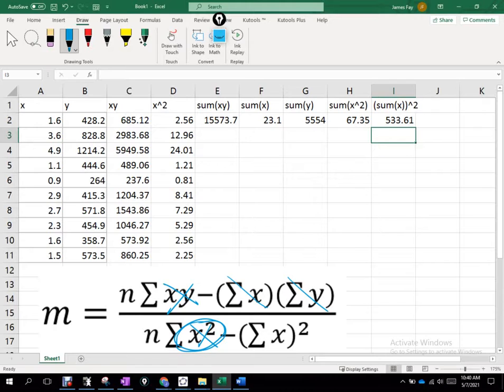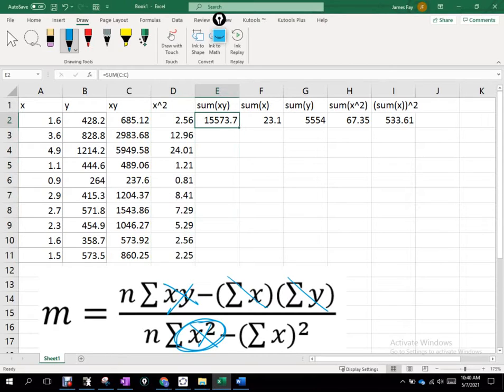If we were traditionally doing this by hand, you would have had to come up with all of these products, and you'd have to sum them all, and that's going to be very time-consuming, correct?